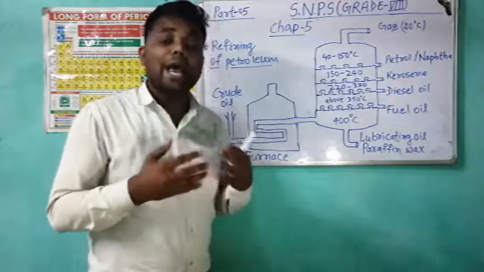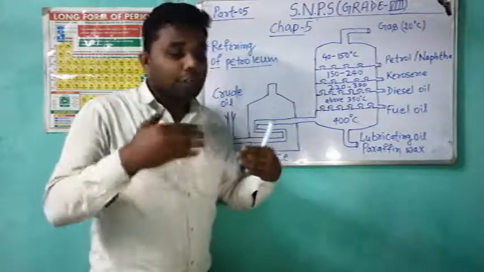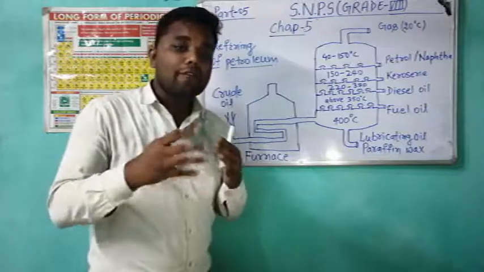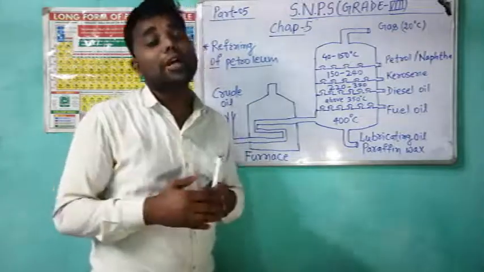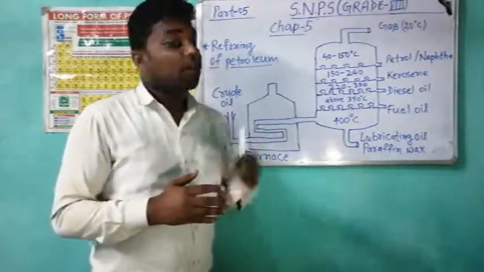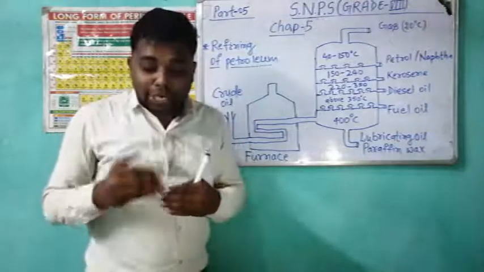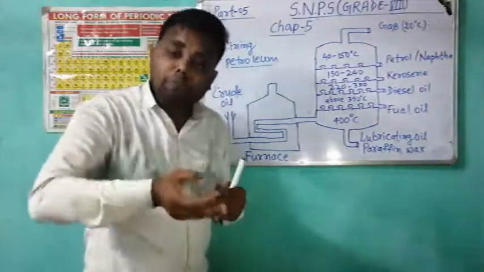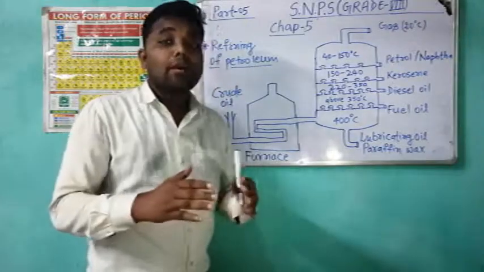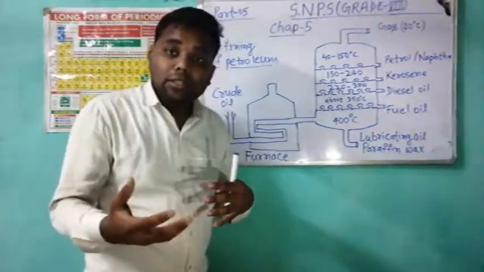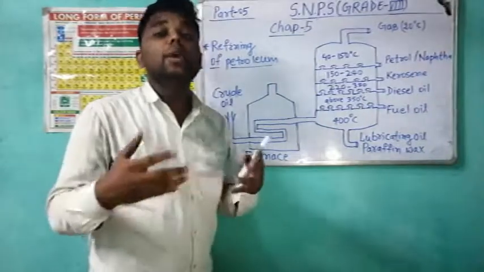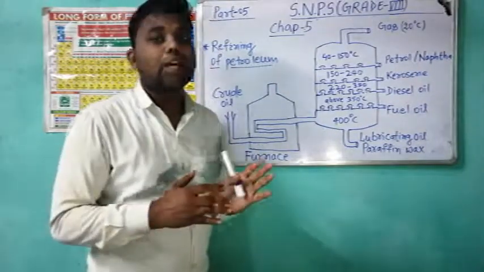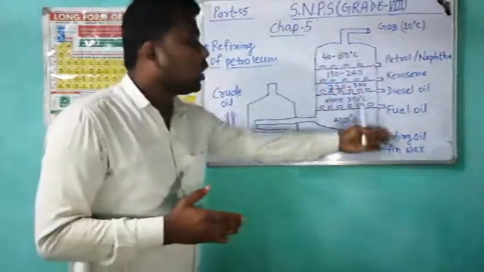If a mixture has different types of substances having different boiling points, then we use this process, called fractional distillation, and with the help of this process we separate the crude oil into its components.